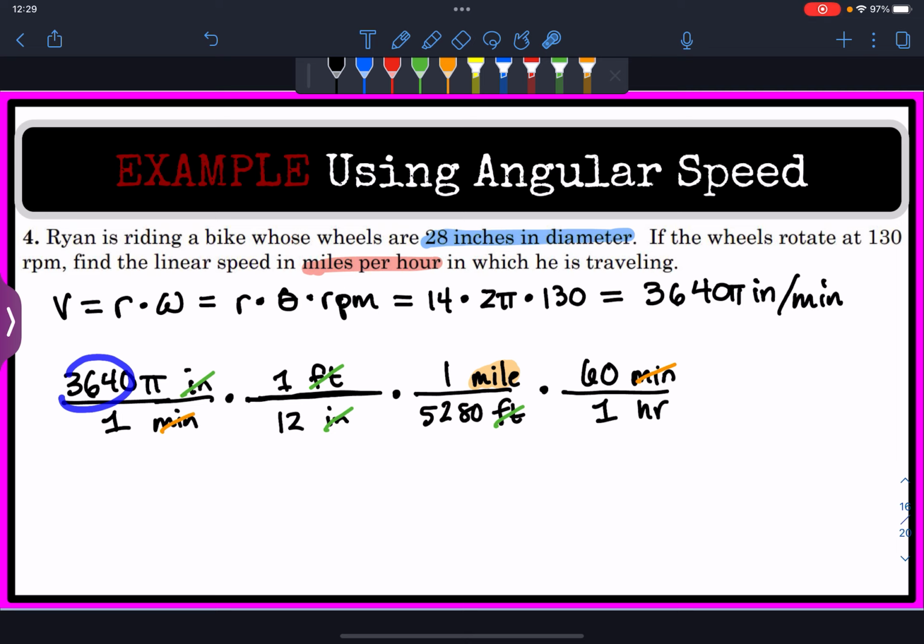So this times 1 times 1 times 60. Again, I'm doing it in terms of pi, so I'm not putting in the pi. So I'm just doing 3640 times 60. That's 218,400 pi.